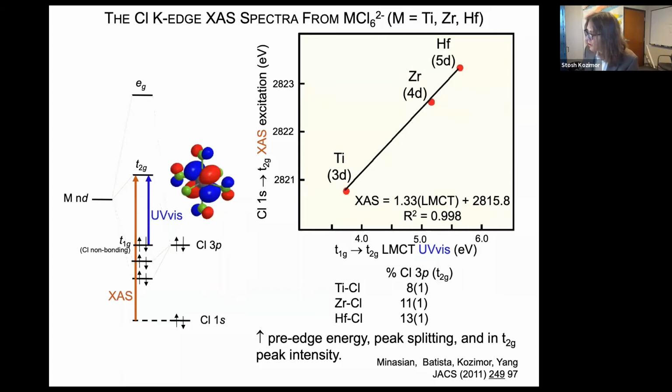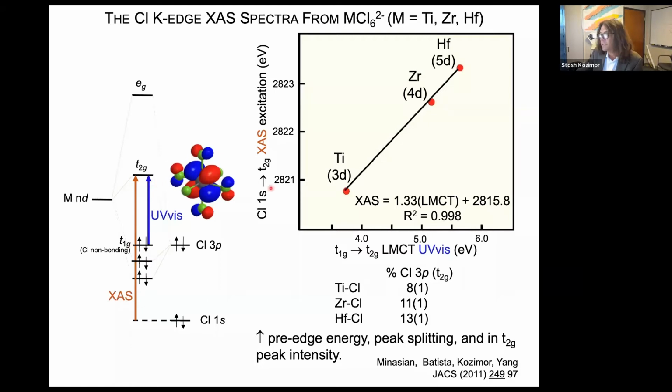What I'm plotting here, I'm thinking about this interaction, this transition, exciting a 1s chlorine electron into the T2G manifold, and I want to change the metal. And I'm plotting the energies from the X-ray absorption versus the ligand to metal charge transfer excitation. So that's exciting here at the T1G from chlorine.